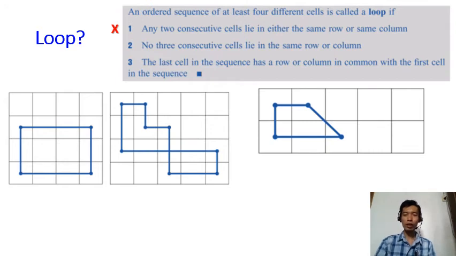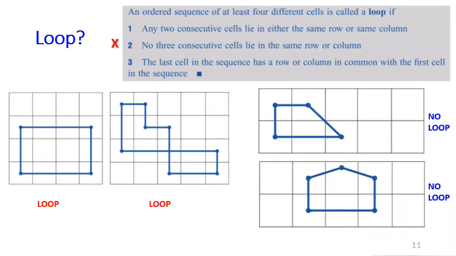And this one is not a loop because if you take these 2 consecutive cells here, this cell and that cell, you can see they do not lie in the same row or same column. So if any of these 3 requirements is violated, then this sequence is not a loop.